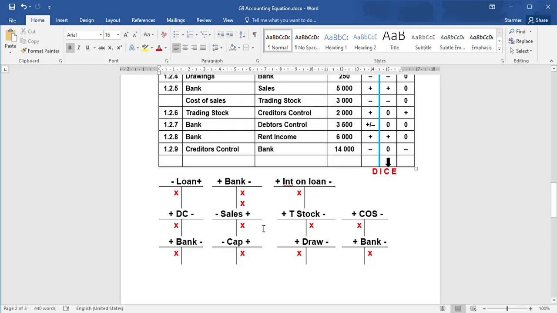If you sell, debtors owe you more money, put an X on the plus side, and you've sold more. Trading stock decreases because stock is going out of the business, and cost of sales increases. In order to earn that sales, you've got a higher cost of sales amount.